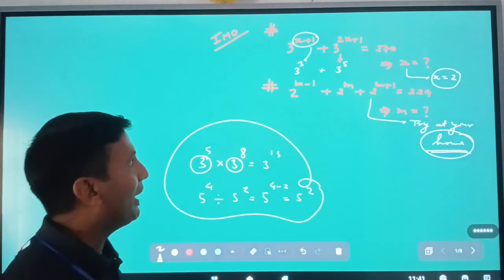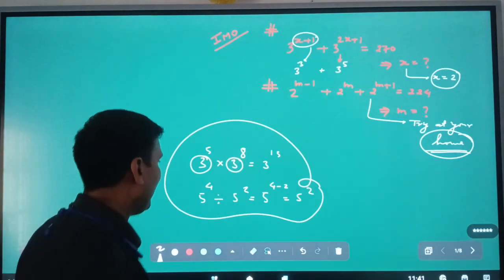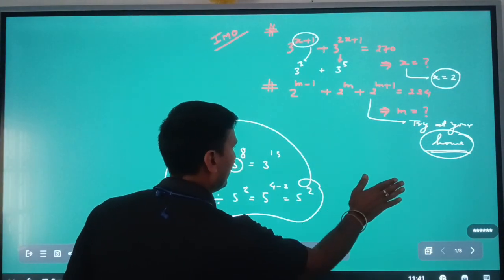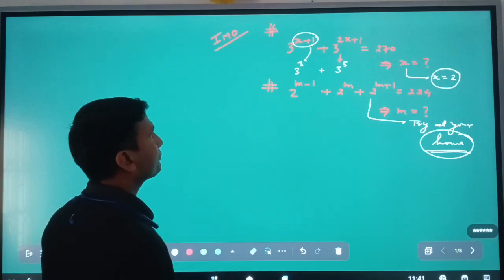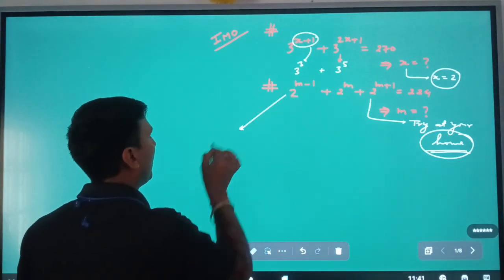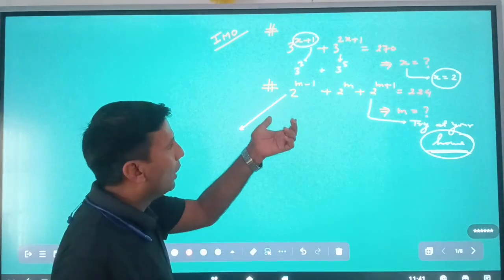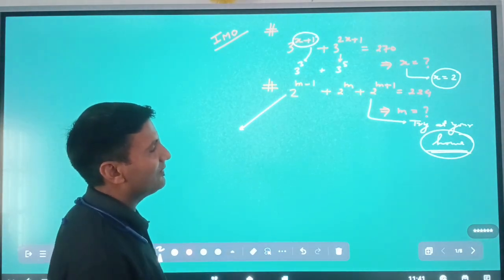Now we are going to apply the same concept in the backward way, or you can say in reverse gear. I am solving this question where the powers on 2 are in different forms. There are some plus cases, there are some minus cases.